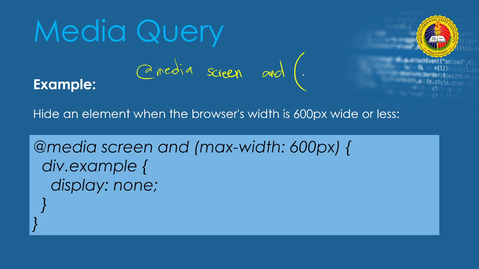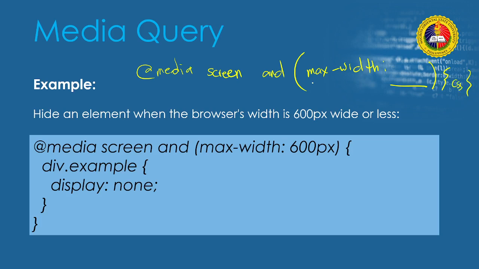Since we are trying to display it on a mobile device, and we all know that mobile devices have different screen widths, we are going to set it as max-width, and then the value, we'll check it later, and then curly brackets, and this is where we're going to write the CSS.